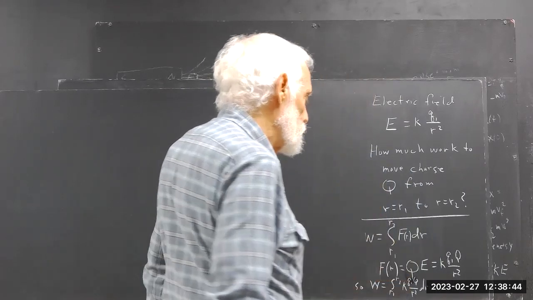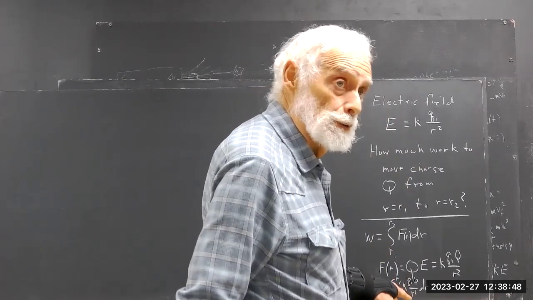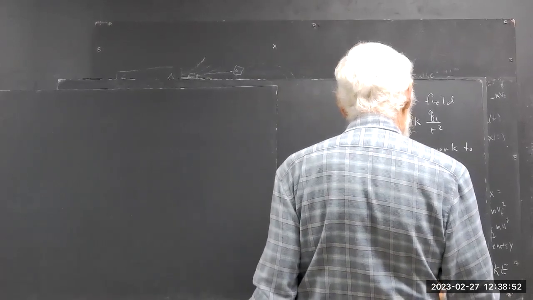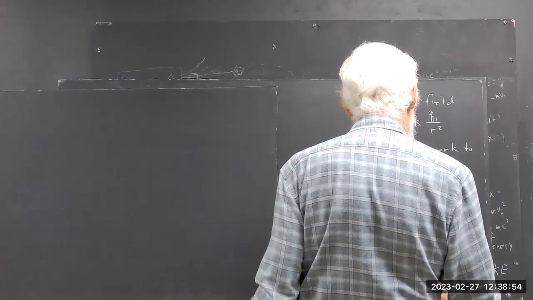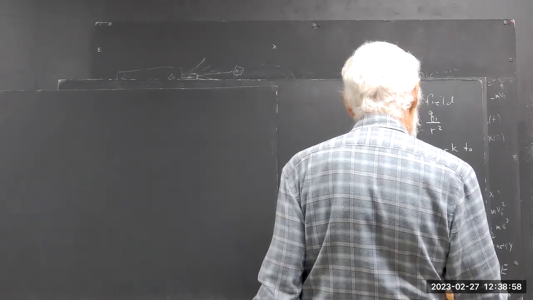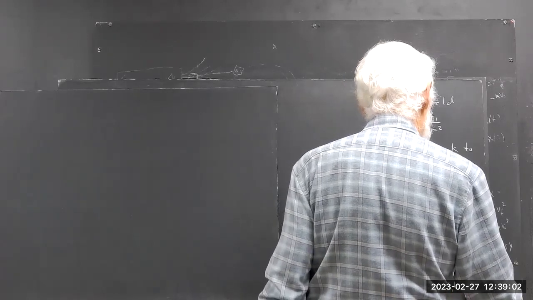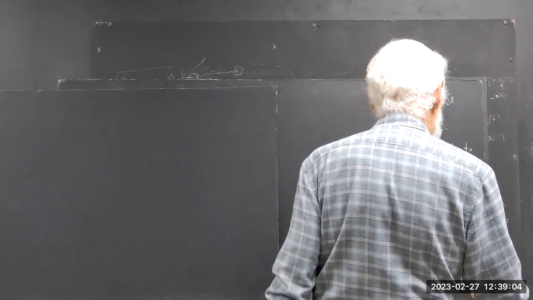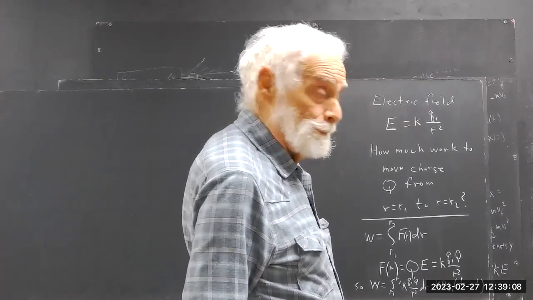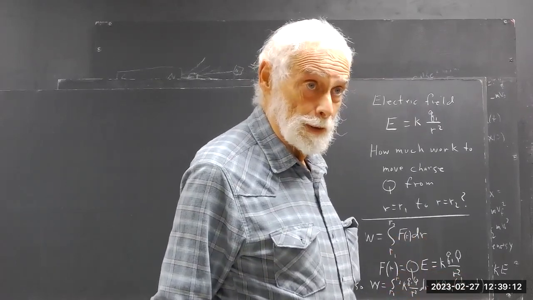k, Q1 and Q factor out, and you get the integral of 1 over R squared, which is negative 1 over R. I'll write the capital letter in front. Then it's going to be 1 over something minus 1 over something, and you want to be careful to get R1 and R2 in the right position.